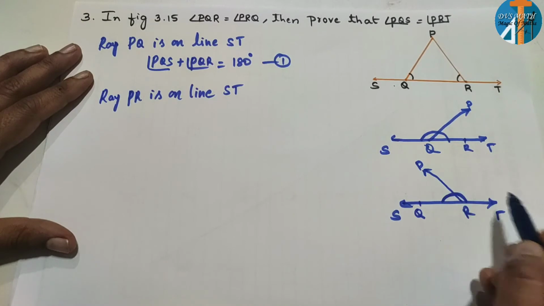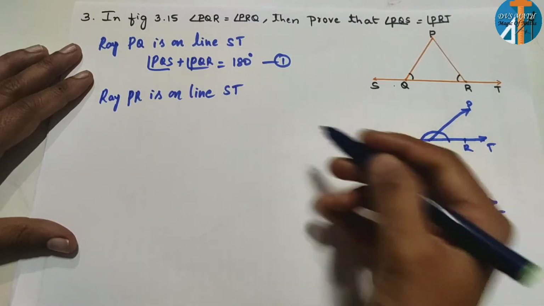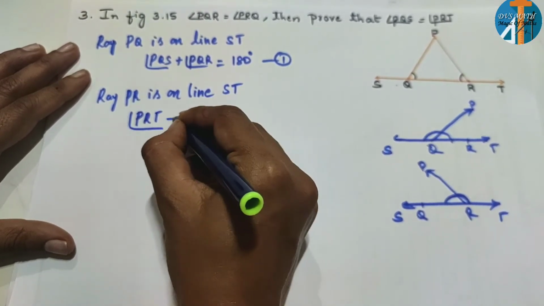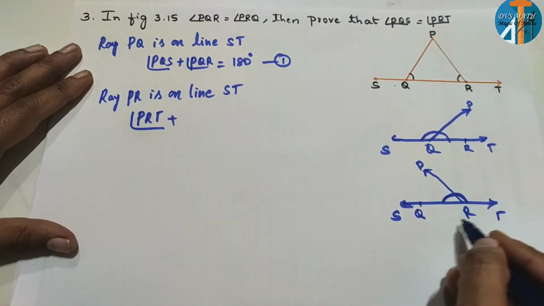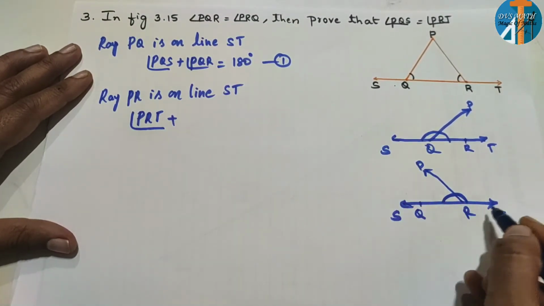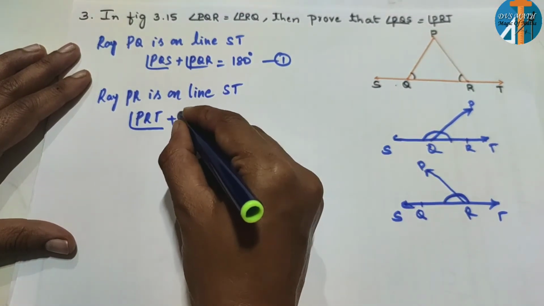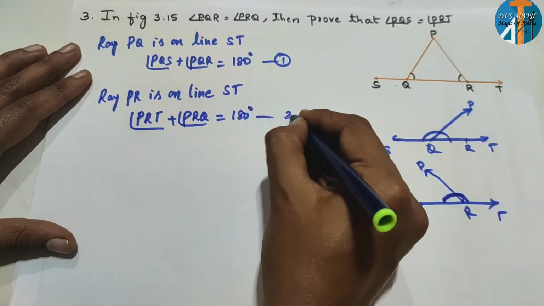So here you can consider two angles, angle PRT plus PRQ. You can write it as PRQ or PRS also, because Q is on the same line ST only. So PRT plus PRQ is equal to 180 degrees. This is also 180 degrees. Take it as equation 2.